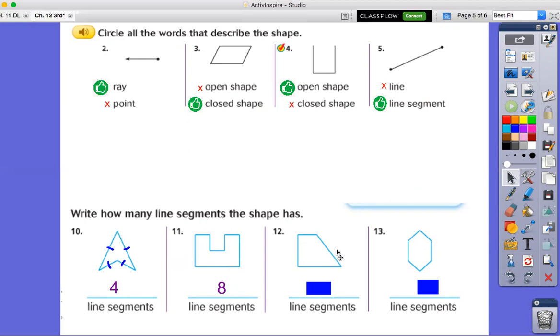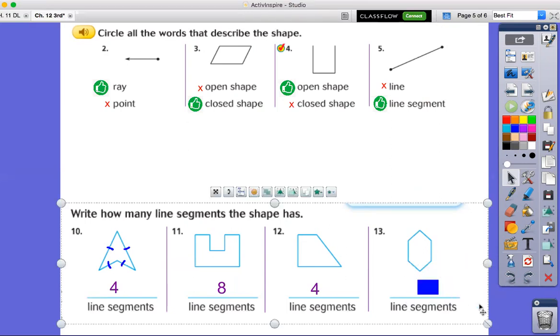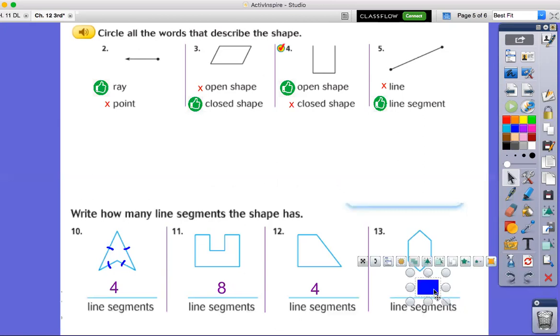How about this next shape? 4. Excellent. And the last shape. 6. Great job. If you got all of those correct, give me another ace, ace, ace.